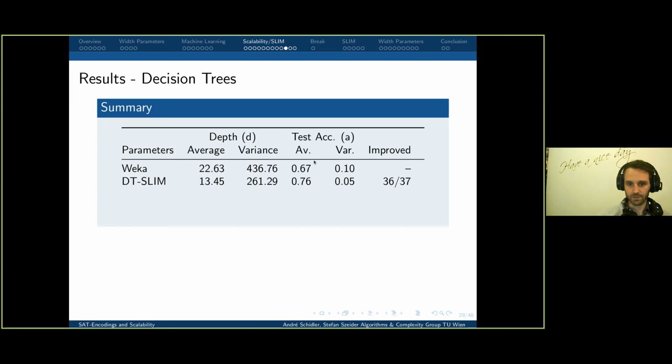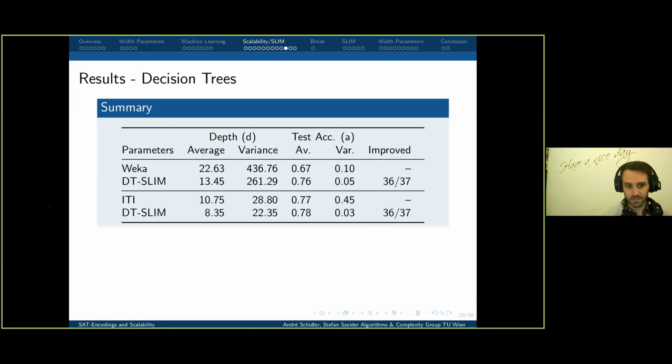And the average accuracy on unseen data also increases, which is quite common for decision trees. If you make it smaller, it usually generalizes better. And out of the 37 instances we used, we were able to improve 36, where one instance was just so easy that the heuristic already solved it optimally.